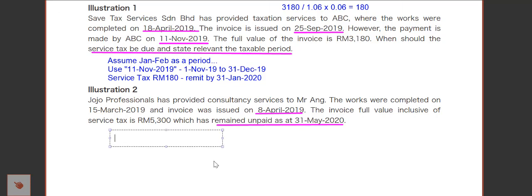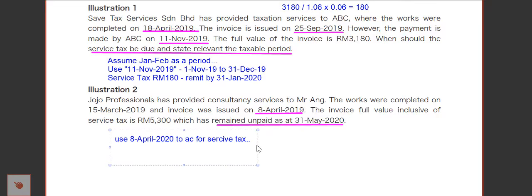So we will have to use 8th of April 2020 to account for the service tax, because if you have not paid 1 year after the date of the invoice, then we will have to use that 1 year later to account for service tax. So if your taxable period, assuming, is from January, February, then it will be January, February, March and April.